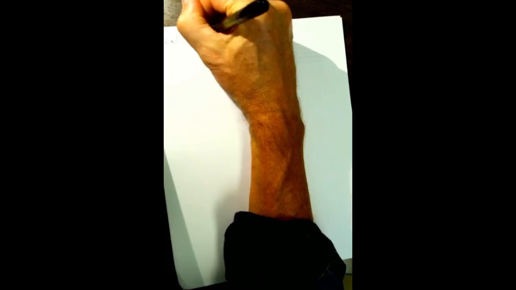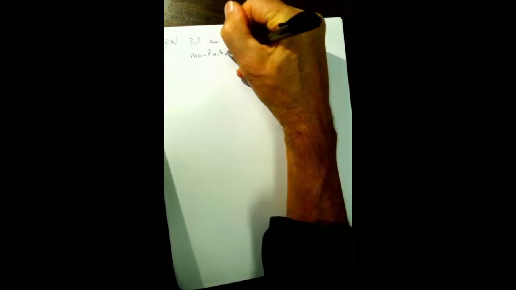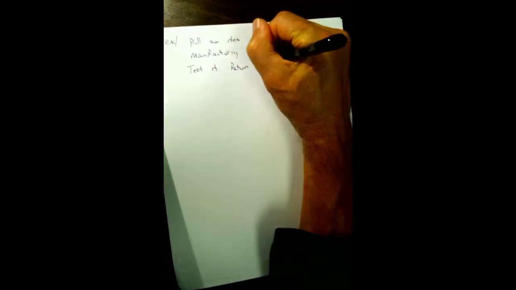So, for example, suppose I pull an item off of a manufacturing line. I'm going to test it, return 1 if it's defective.